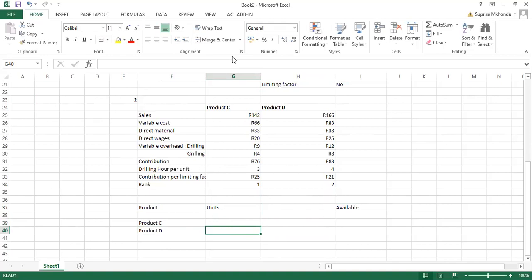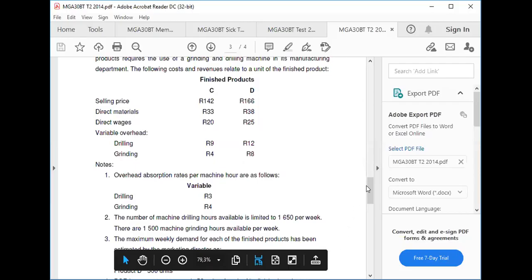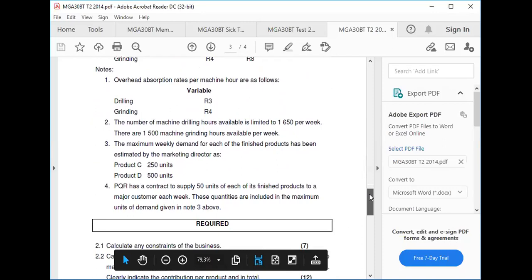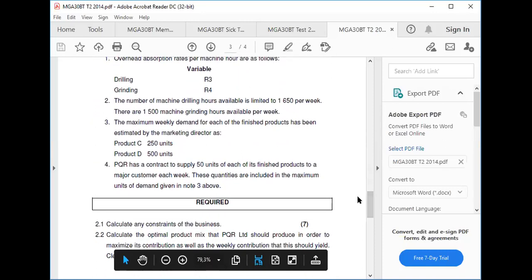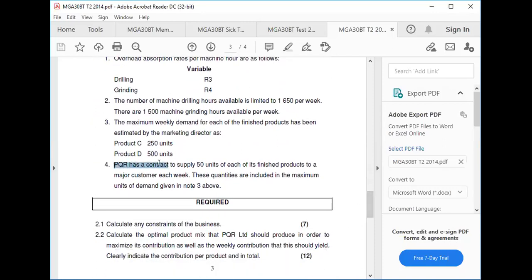You see, there's another statement on the question. Let me just show you. They have a special supply. You see, here's a contract to supply 50 of each unit.